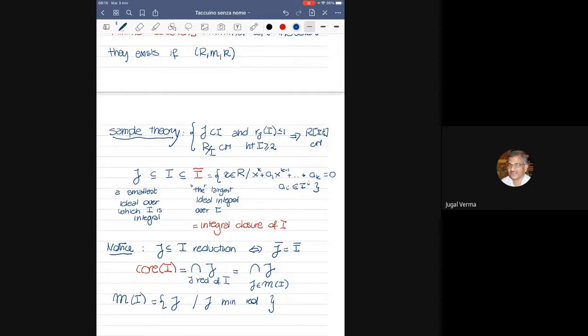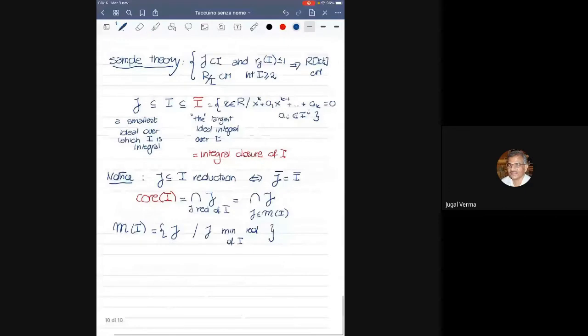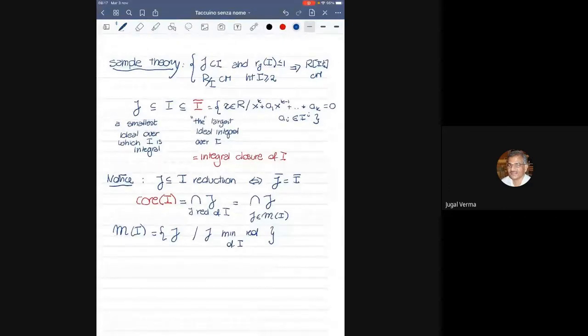So let me say something about the core before diving in. I think the problem with the core is that exactly because it's an intersection of infinitely many ideals, it's very difficult to study. It's very mysterious. It's a sub-ideal of I, which is very difficult to get a handle on.